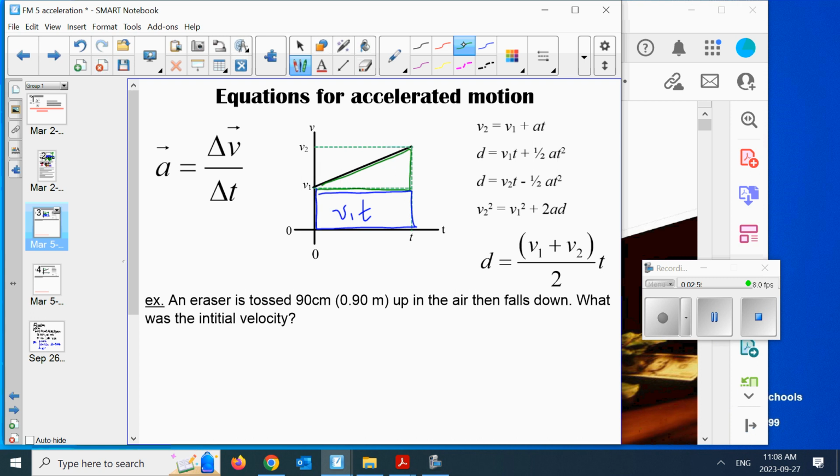What is the area of that triangle? Is that it? No, it isn't, because it's got a height that's the difference of V2 minus V1. Half of that times the T, right?